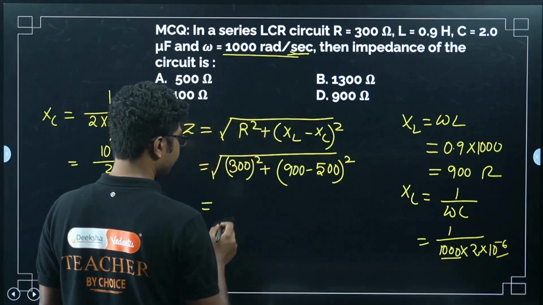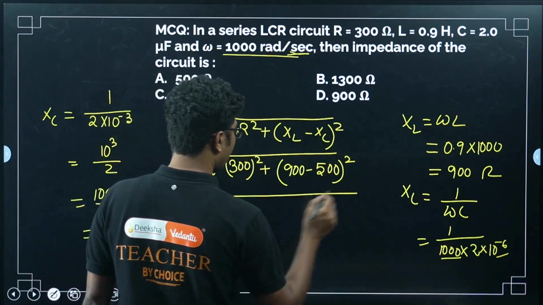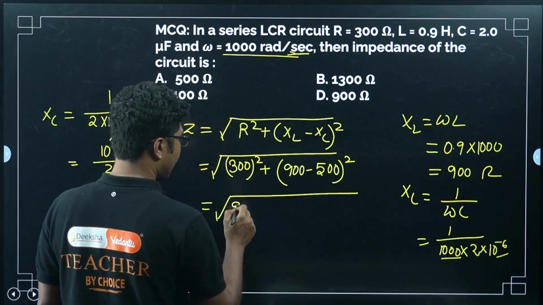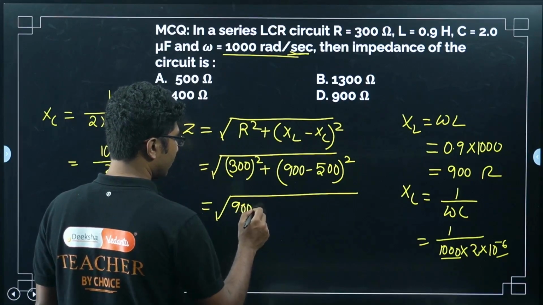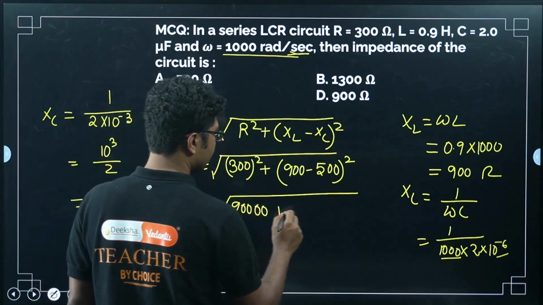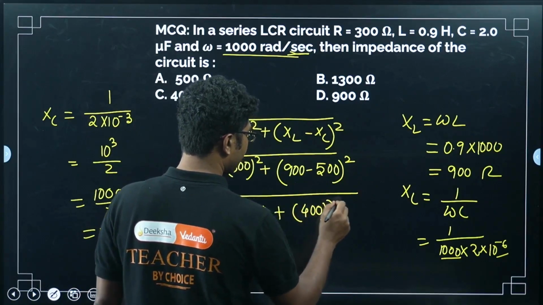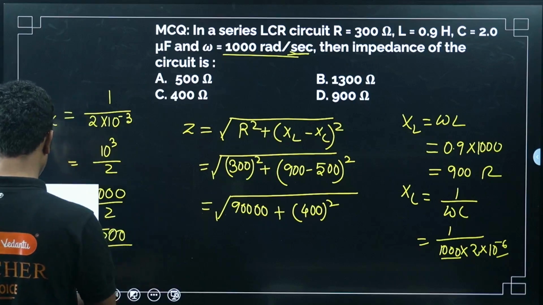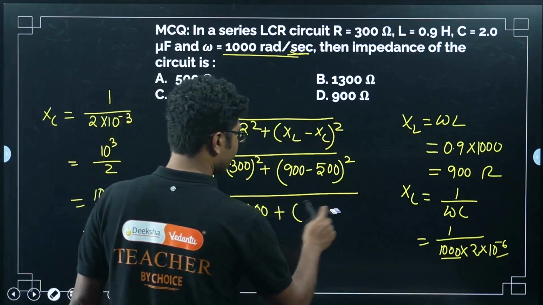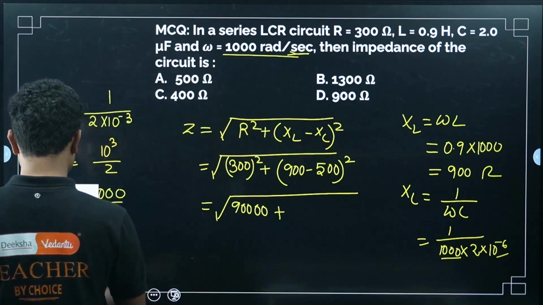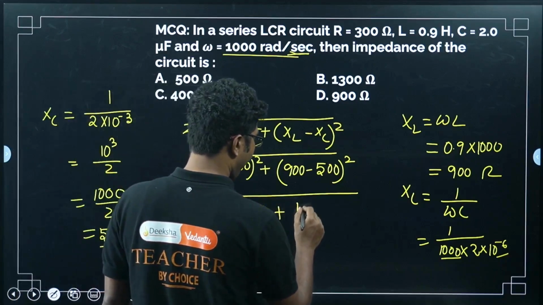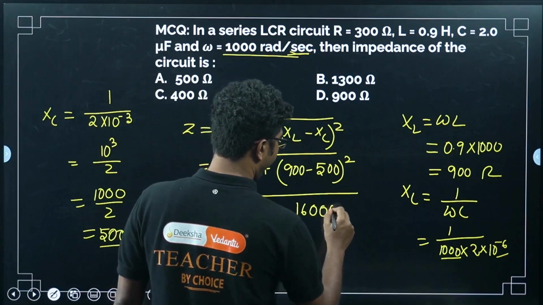So it will be 3 3s are 9, 1020 plus 400 whole square. 400 whole square means what? 4 4s are 16 and 4 zeros, right?